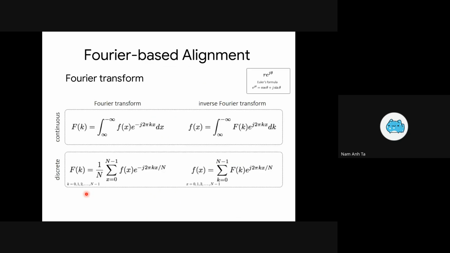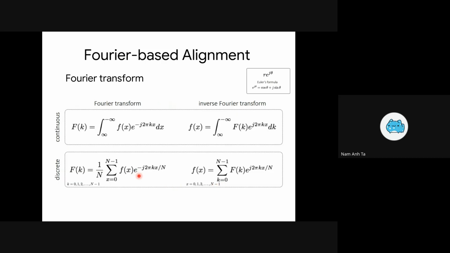The actual math behind it is pretty complex yet simple. We will categorize the Fourier transform into two versions. The first one is the continuous one, and the second one is the discrete one. The continuous Fourier transform is essential for theory, but we focus more on the discrete Fourier transform, or the DFT, for our digital images. The key component here is the complex exponential.